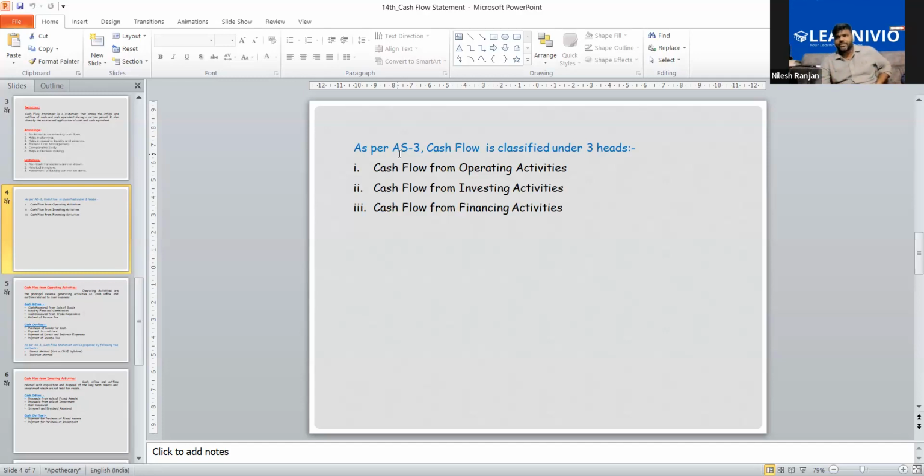Now if you have taken a loan from the bank, a student may also say that if we take a loan from the bank, it is also for business purpose. Yes, it is also for business purpose, but the payment of interest or taking a loan comes under financing activities.